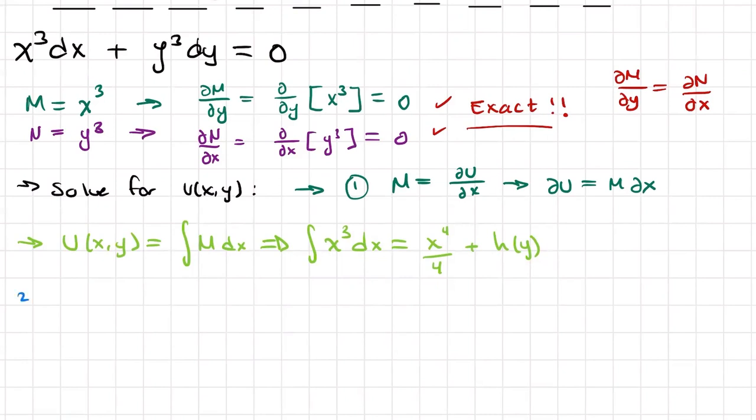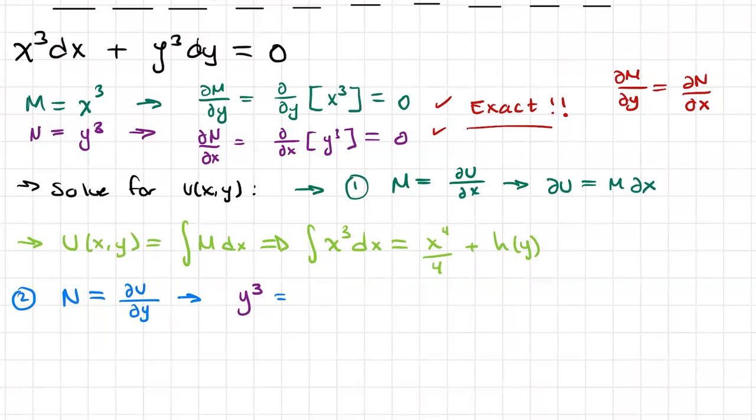All right, so now let's use that second equation, equation number 2, which says that N is equal to partial u partial y. So then we can write our old N that we had here. So N is y cubed. And then this must equal the partial derivative of u with respect to y. In this case, we already know what u is.